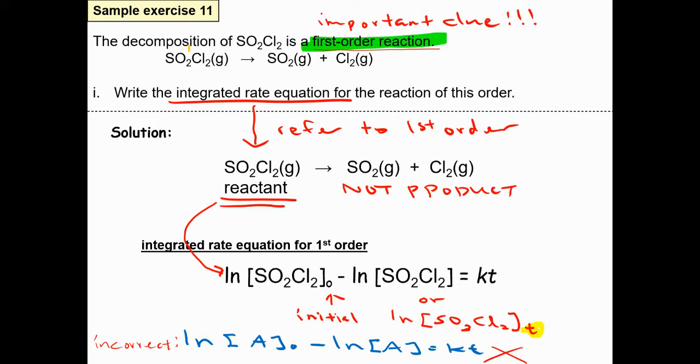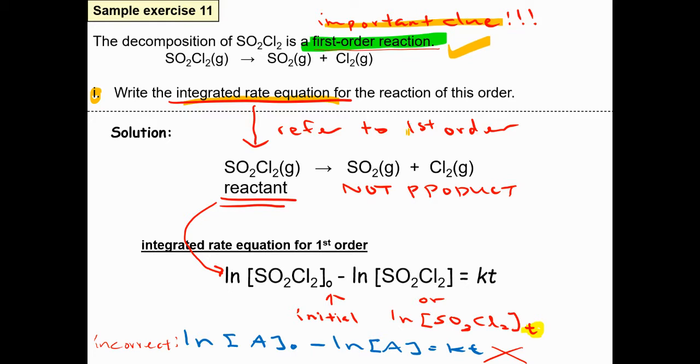Now, let's look at the question given. The decomposition of SO2Cl2 is a first order reaction. This is an important clue, because whichever you use, the integrated rate equation or the half-life equation, must refer to a first order reaction. The first part asks us to write the integrated rate equation.